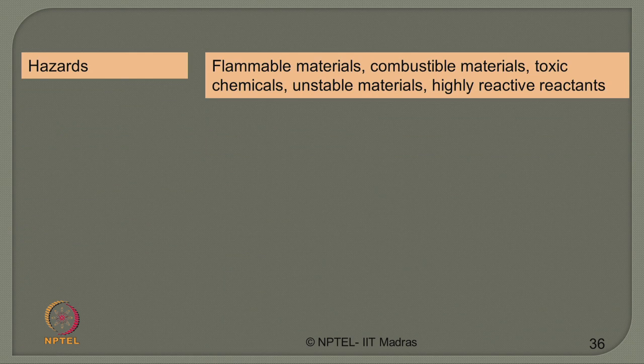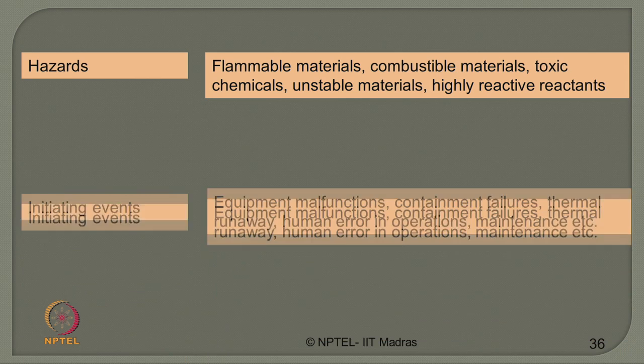Now, let us quickly see what types of hazards we can see in an oil and gas industry: flammable materials, combustible materials, toxic chemicals, unstable materials, highly reactive reactants can be examples of hazards.